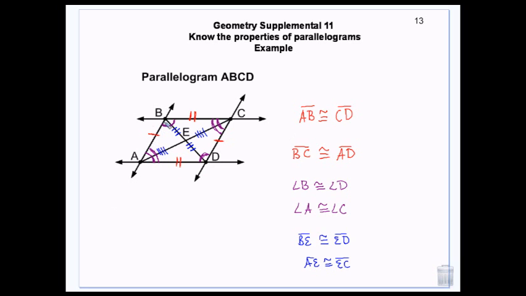Consecutive is A and B, and then B and C, C and D, D and A. So all of the consecutive angles are going to add up to 180.